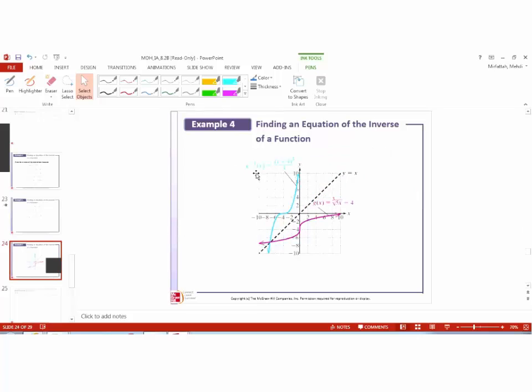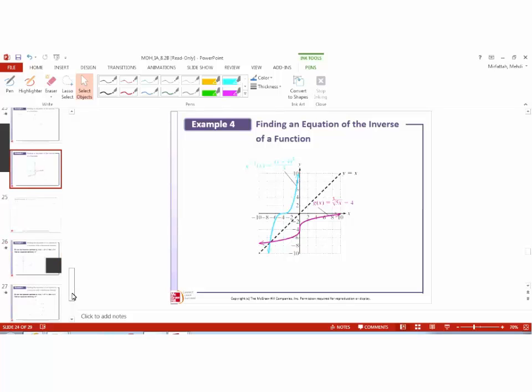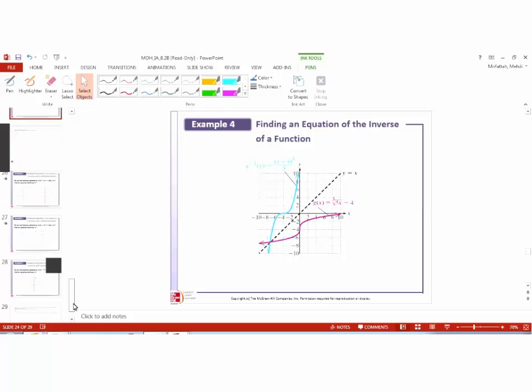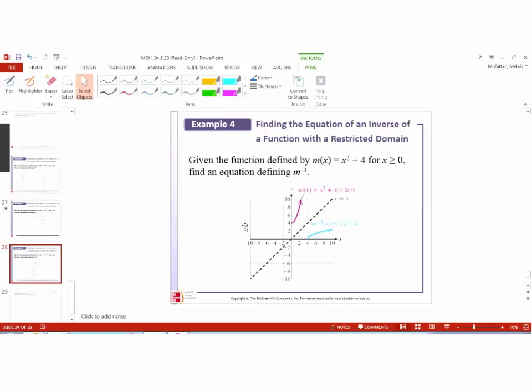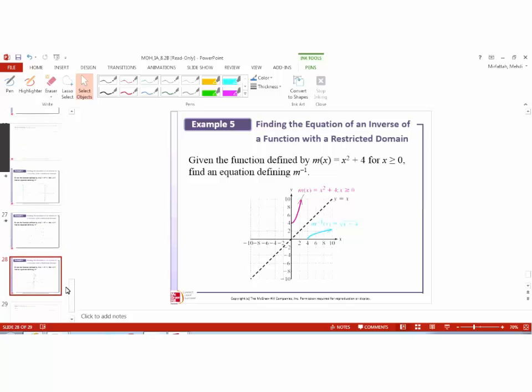Another graph would look like this. If this is f of x or g of x, if we use our graphing calculator and graph them, you see the other mirror image of the same line. So this is how you find the inverse. Then another graph looks like this. Again, this would be x squared plus 4, and this would be the square root of x minus 4. If you look at the graph, these are a mirror image of each other.